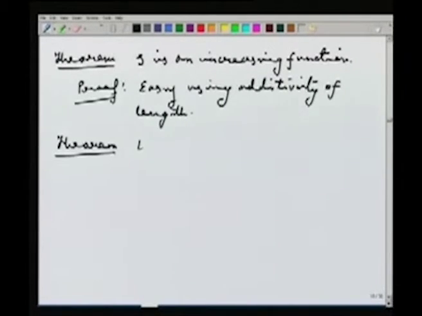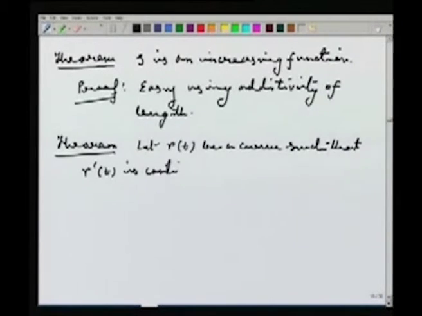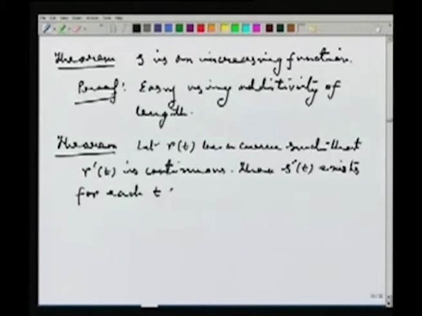Let r(t) be a curve such that r prime t is continuous, then S prime t exists, that is, the function S which we have defined turns out to be a differentiable function for each t in the open interval (a, b), and S prime t is equal to norm r prime t.